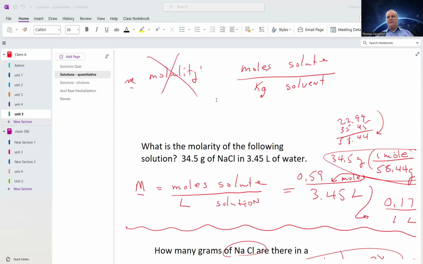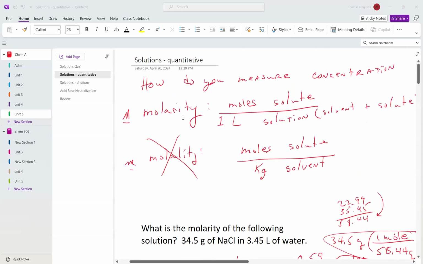So let's continue with solutions. Now, we started talking about solutions last week, and this is what we covered. We talked about how you measure concentration of a solute in a solvent.